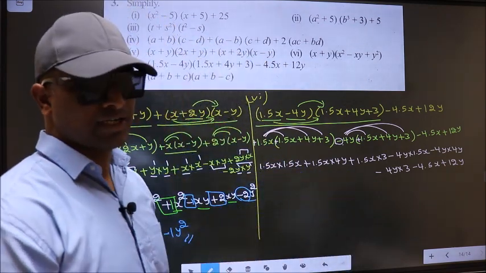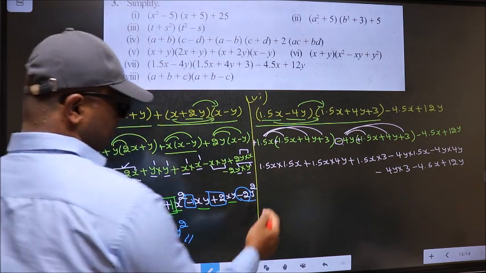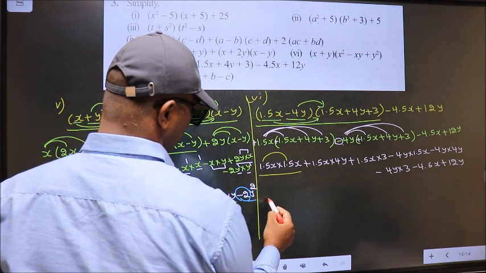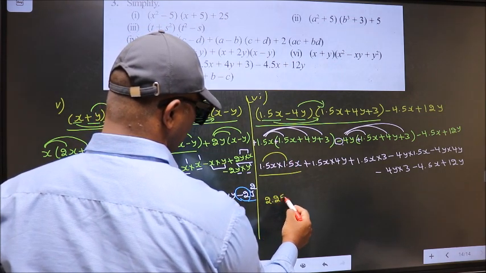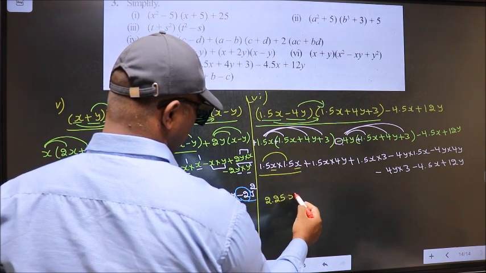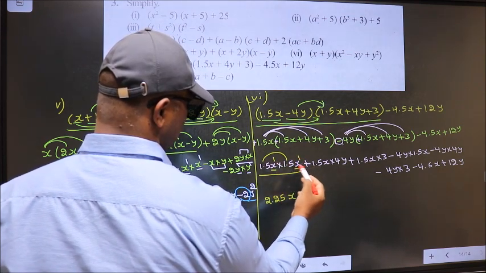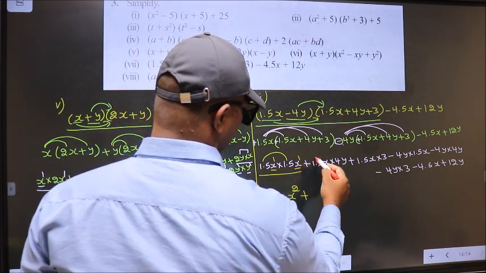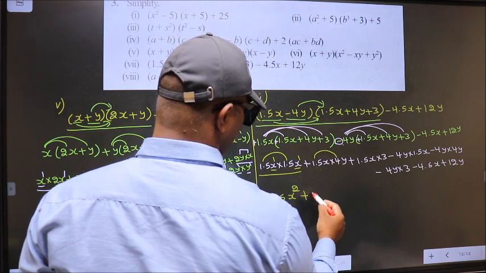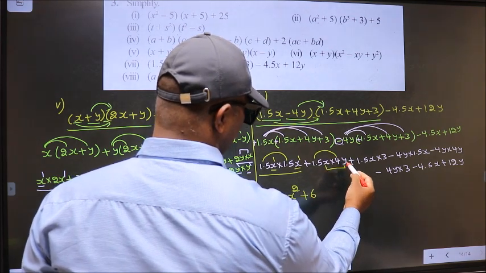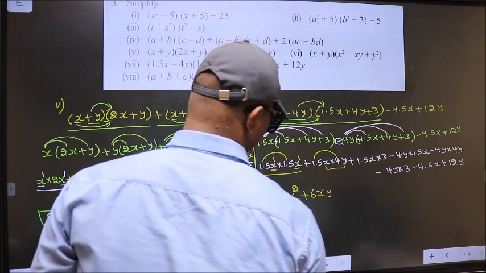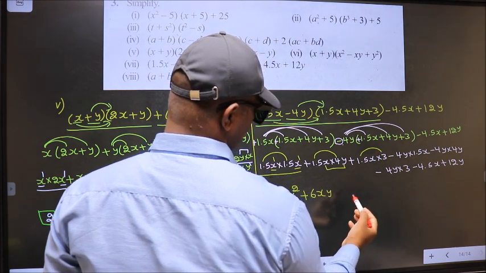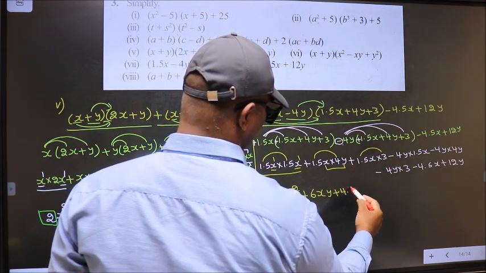Clear so far? Next. Now here, first numbers 1.5 into 1.5 is 2.25. X here you write, and the power is sum of the powers, 1 plus 1, 2. Now plus first numbers 1.5 into 4 is 6. These are different letters, so write as it is. Now here numbers 1.5 into 3 is 4.5.